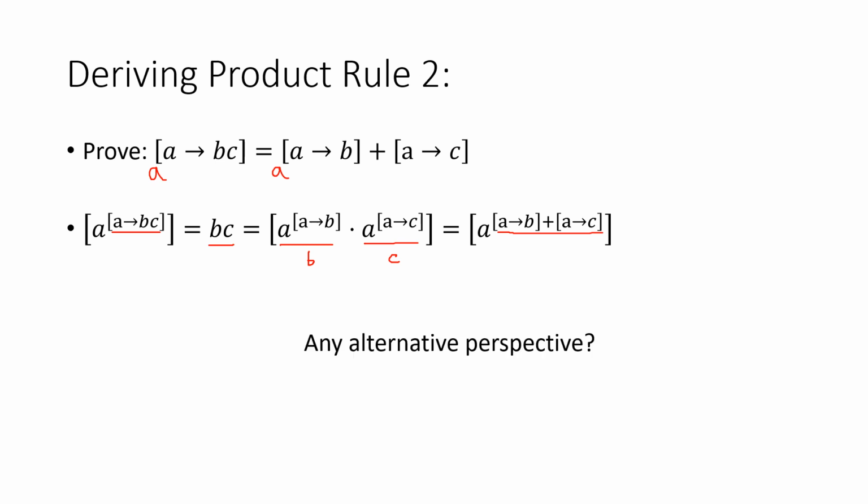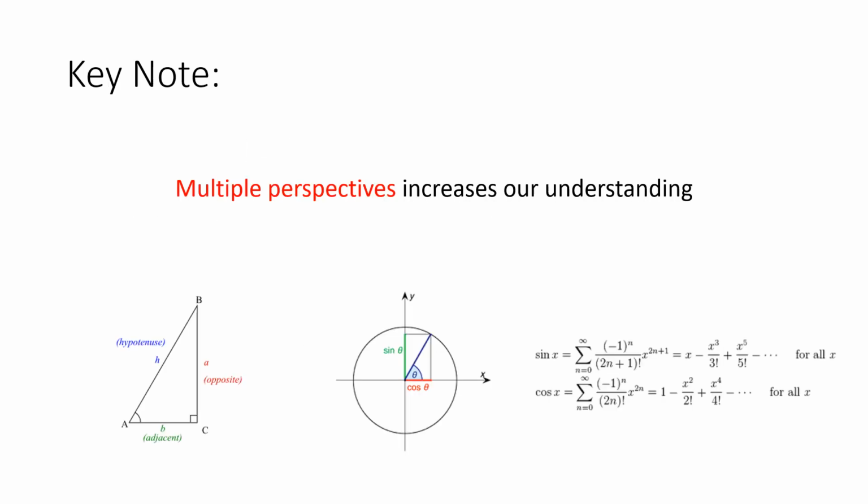Now, as simple looking as this derivation is compared to the previous one, it's always worth thinking if there's any other perspective, any other way to understand logarithm that will help us remember this. So mathematics, just like life, having multiple perspectives is very important.